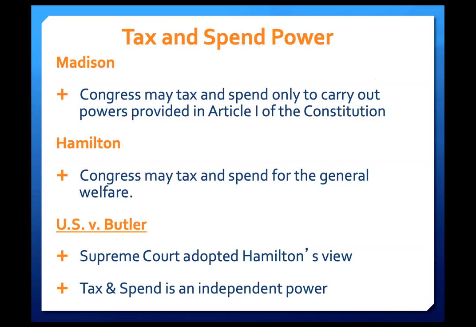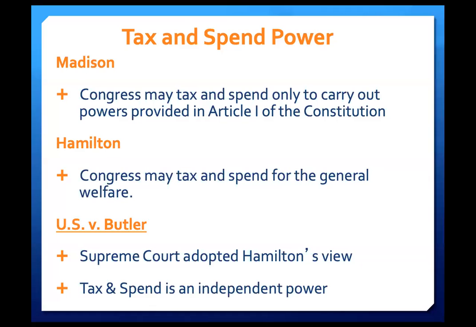So for modern purposes, our holding here is that the court continues to accept this Hamiltonian position that Congress's powers to tax and spend are an independent power and are not restricted to the scope of other regulatory powers.